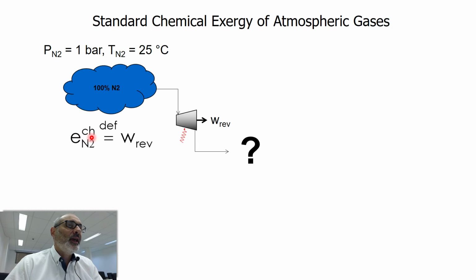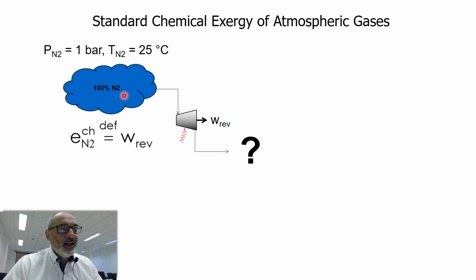CH stands for chemical, and N2, of course, stands for nitrogen. So, by definition, exergy is the maximum amount of work, so reversible work, that I can obtain from the substance.